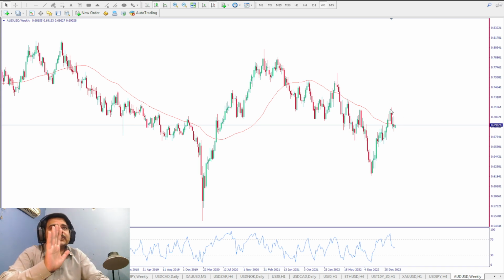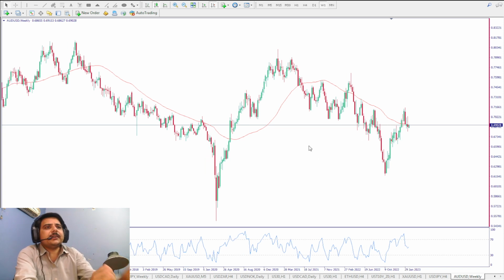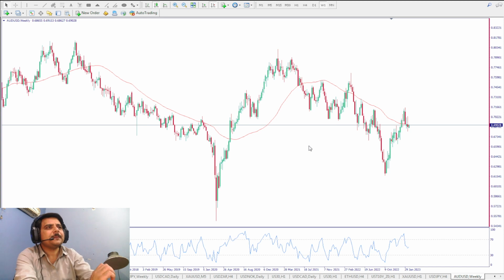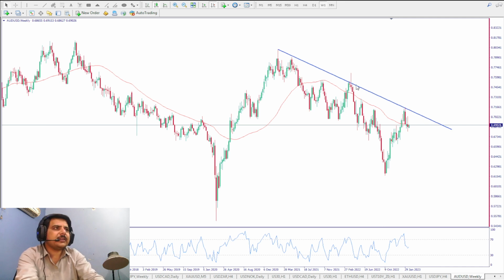First of all, on the Aussie dollar weekly, what I'm looking at is this curvy kind of shape, and it is sort of a bearish flag on a very high time frame.